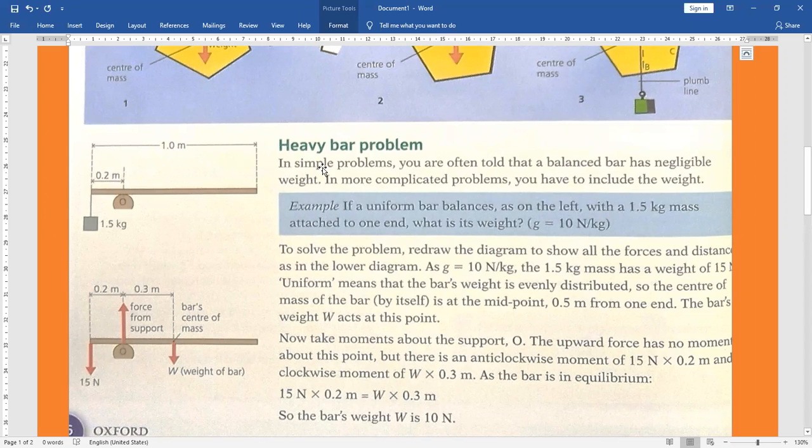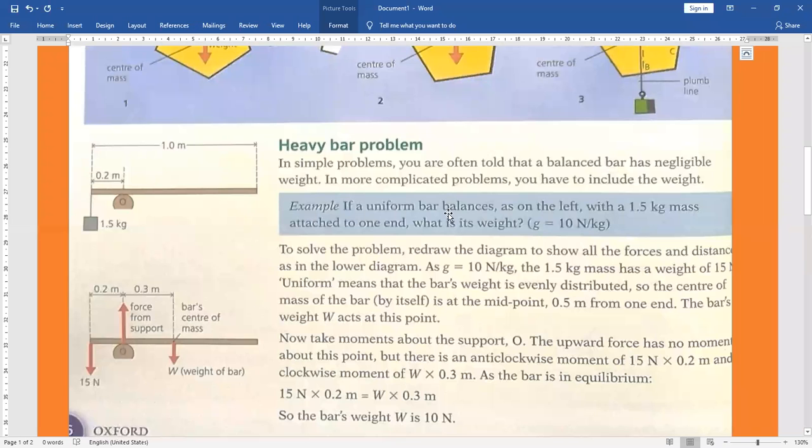Now, in the simple problem, you are often told that a balance bar has negligible weight. In a more complicated problem, you include the weight. वो कहता है कि इन किस्म के मार्क्स जो क्वेश्चंस होते हैं इसमें हम बार के वेट को नहीं लेते. सही है.